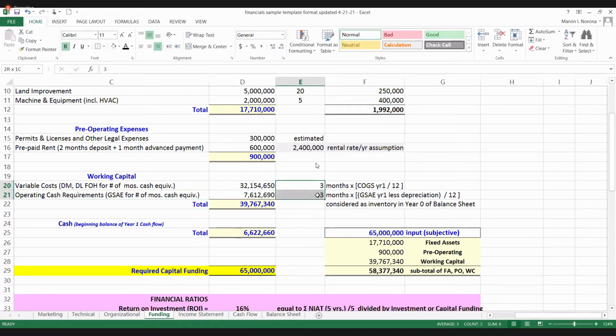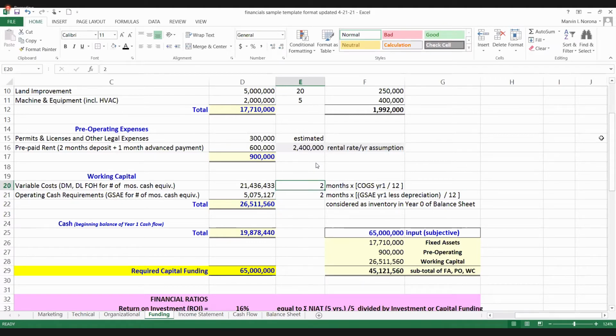So ito yung assume number of months. Okay. So kung 3 months, ito yung formula. Pwede niyo palitan ng 2. Depende kung anong gusto niyo mangyari.